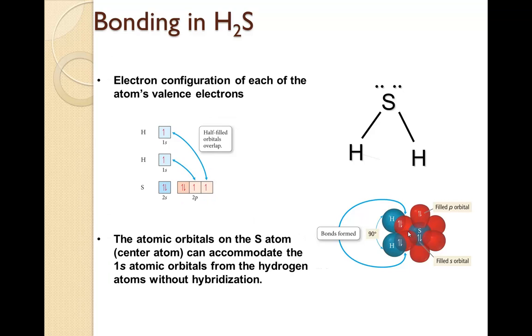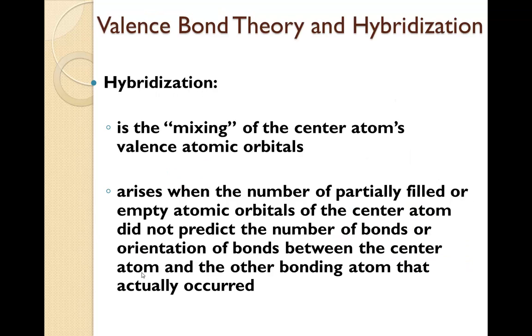The atomic orbitals on the sulfur atom, which is the center atom, can accommodate the 1s atomic orbitals from the hydrogen atoms without any need for hybridization. But sometimes you do need hybridization. As we said before, if our theory does not match what we have experimentally, then we need some form of hybridization.